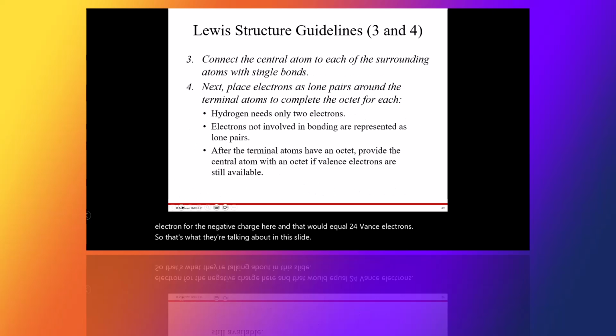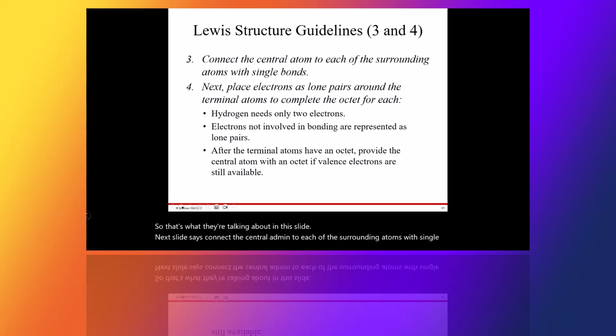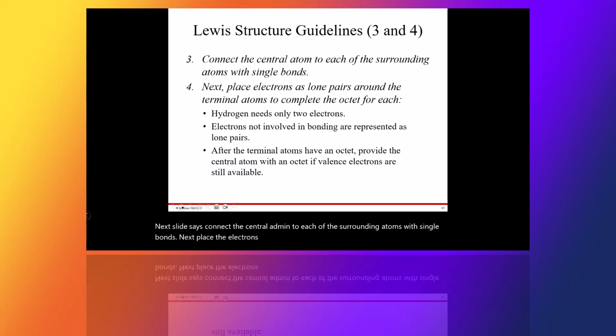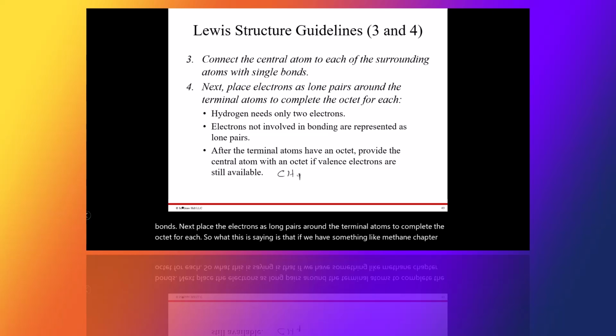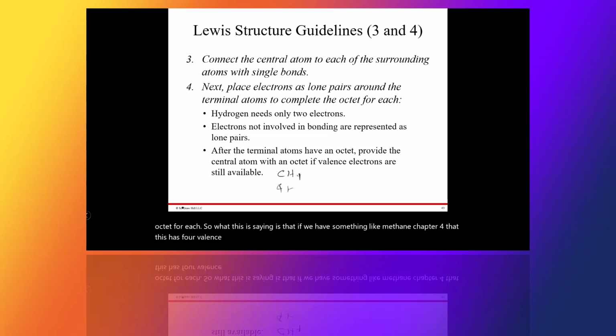Next slide says connect the central atom to each of the surrounding atoms with single bonds. Next, place the electrons as lone pairs around the terminal atoms to complete the octet for each. So what this is saying is that if we have something like methane, CH4, carbon has 4 valence electrons, and then we have 4 hydrogen.